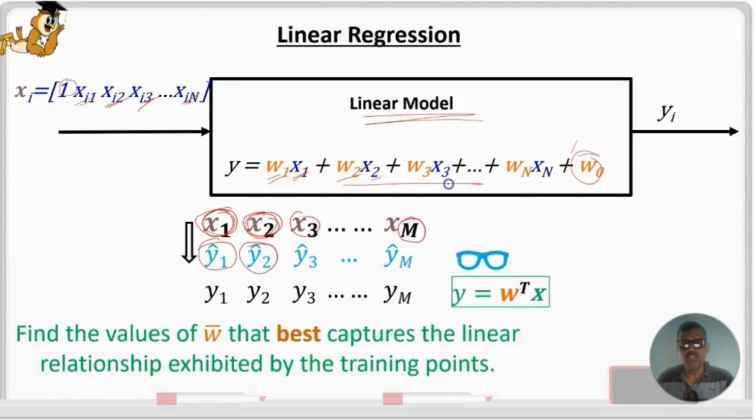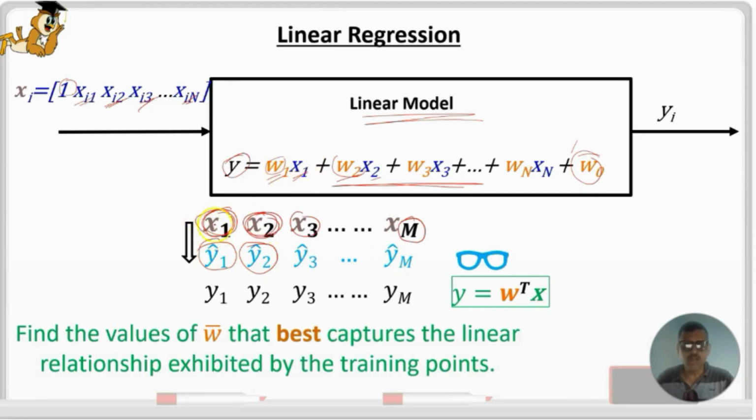We wrote this linear equation, okay, and our job in solving the linear regression problem or creating the linear model was to choose these values of w1, w2, w3, etc. so that the output y was as close to the observed output as possible for the training data, right?